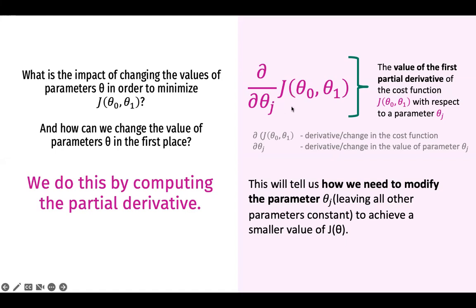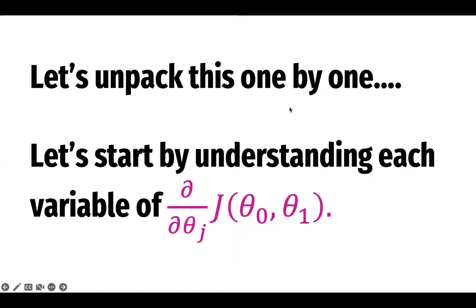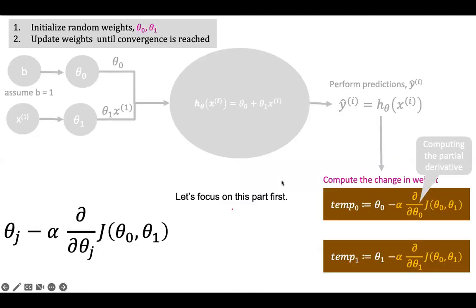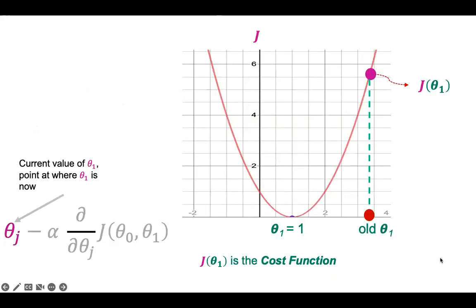So we nudge the weight a little bit and see the effect on the cost function. Let us unpack this one by one, by understanding each variable of this partial derivative. We are going to focus on this part first, computing this partial derivative and trying to understand what this actually means.